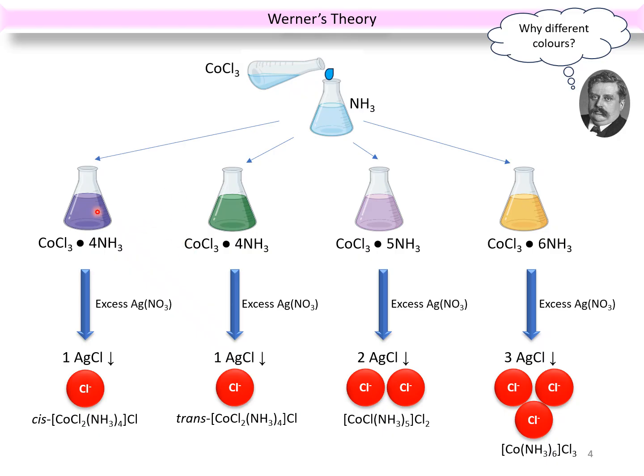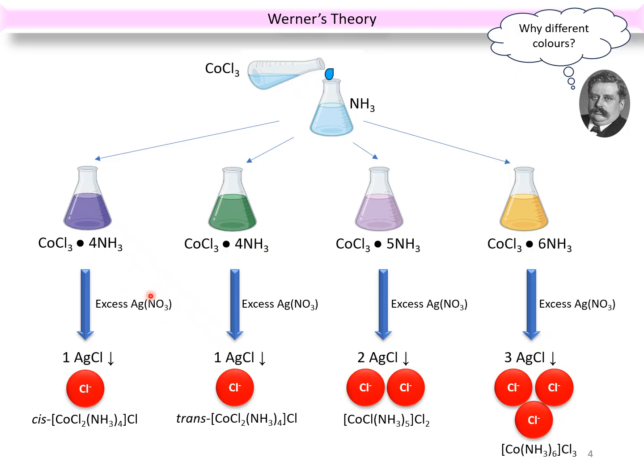When excess silver nitrate was added to all these 4 solutions, Alfred found a precipitation of white solids, associated with the formation of silver chloride.